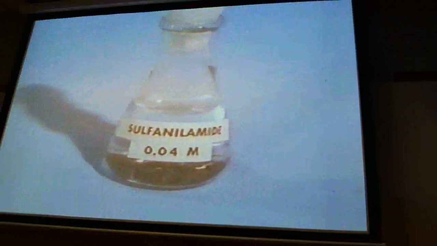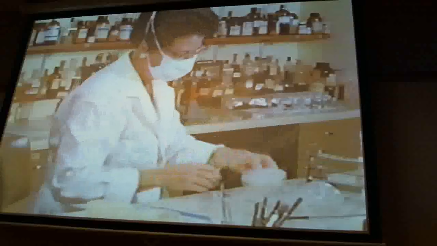Let's demonstrate the effect of sulfanilamide on bacterial growth. A nutrient medium in a petri dish is used to sustain growth of bacterial organisms. These bacteria, harmful to humans, are carefully transferred from a stock preparation. They are gathered in a wire loop and streaked onto the nutrient medium in both compartments of this dish.